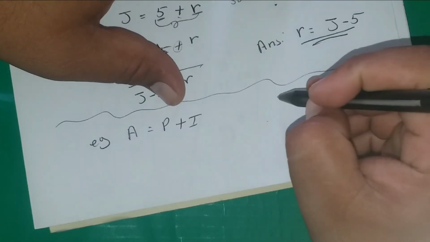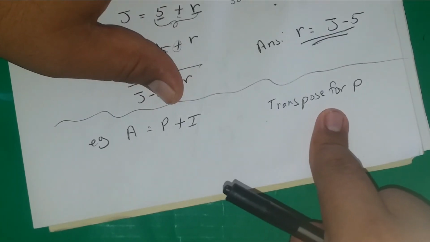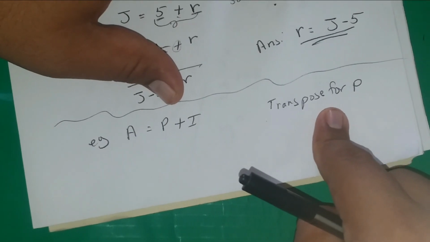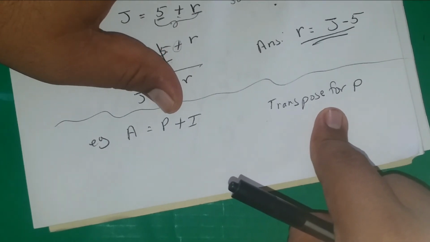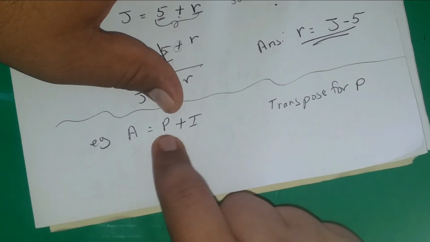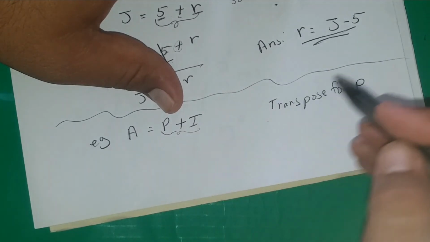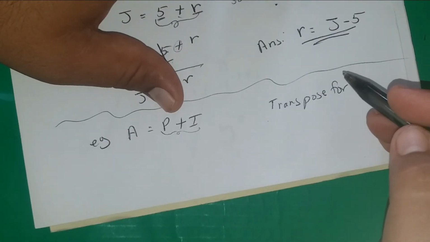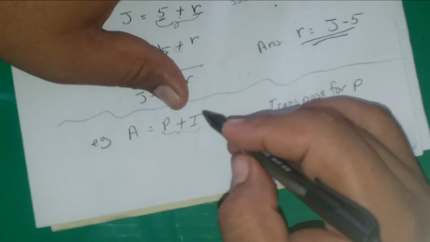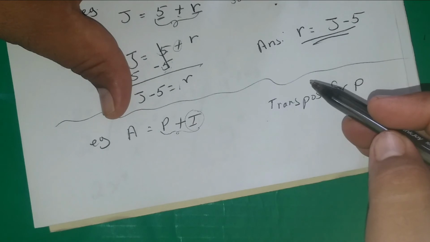In this case, let's transpose for P. What this is telling you to do is to make P the subject of the equation. And again, if you take a look, P plus I, those two are on this side here. What do I need to get rid of? I need to get rid of the I. The I needs to go on the other side.